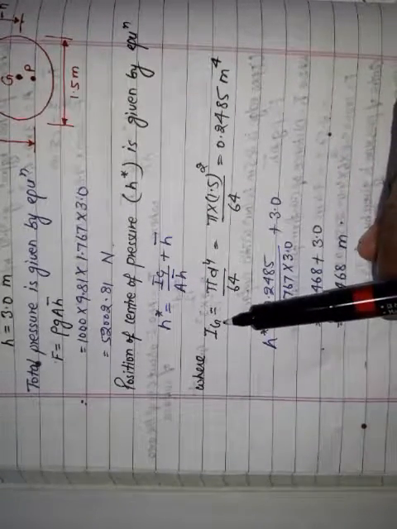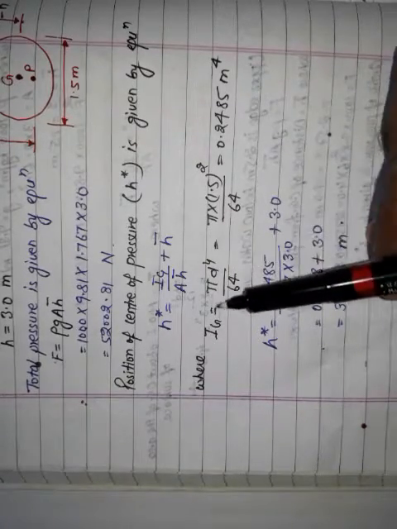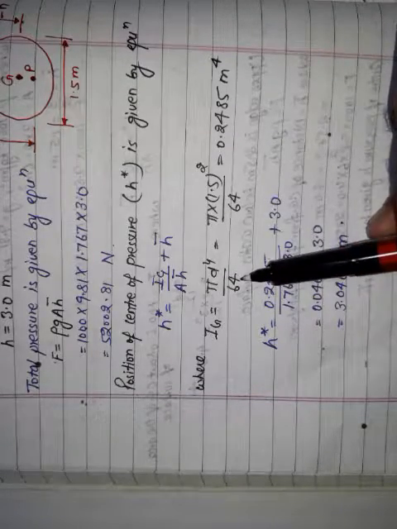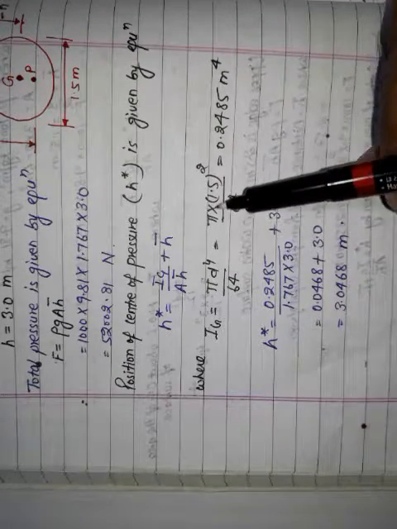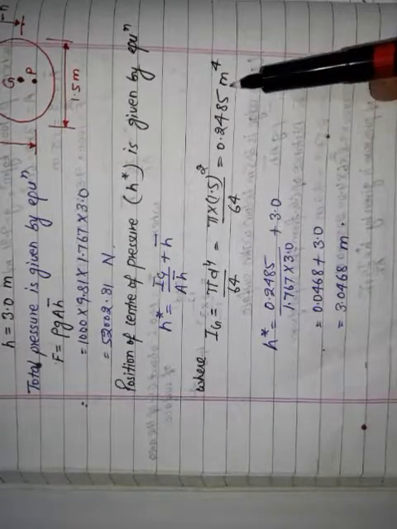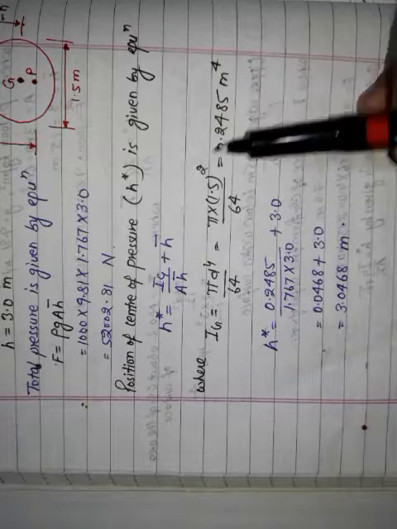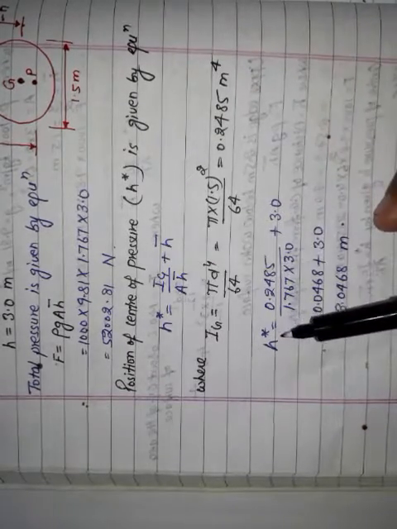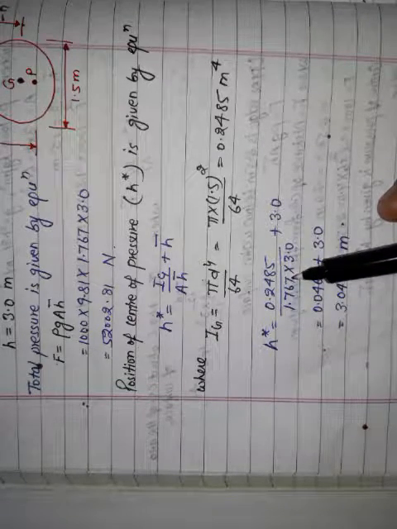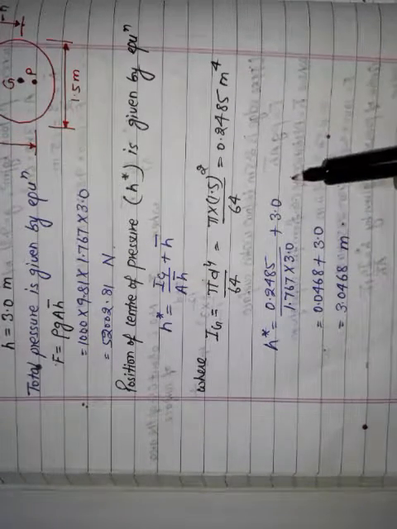So here Iz, the surface is circular, and for a circular section Iz is equal to pi d raised to the power 4 divided by 64. So diameter is 1.5, substitute the value of d, and we get Iz equal to 0.2485 meter raised to the power 4. Substituting the value of Iz in this equation, h star equal to 0.2485 upon area, that is 1.767, into h bar, that is 3 meter, plus h bar, that is 3 meter.